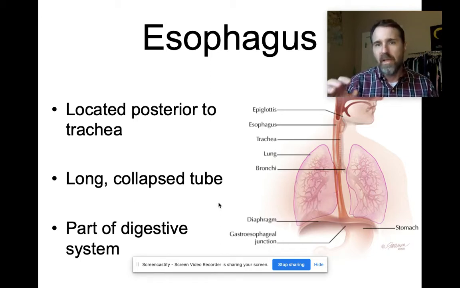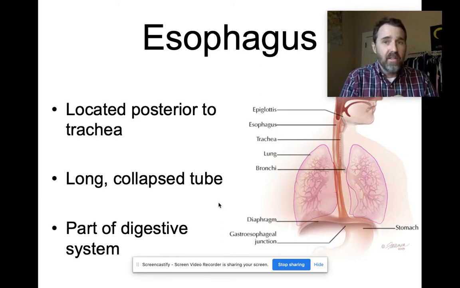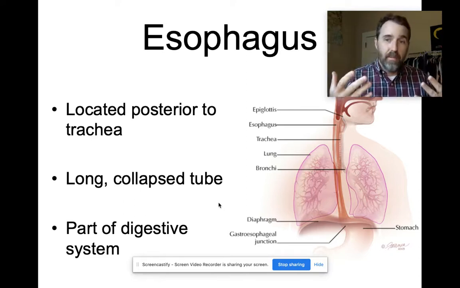Whereas the trachea is an open tube, it's held open so you can breathe. The esophagus is a collapsed tube. It's not open. It's a muscular tube that sort of holds itself squeezed shut. And that's good because you don't want stomach acid and the things that you have eaten coming back up.